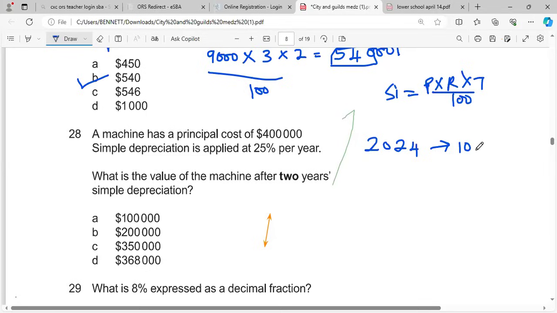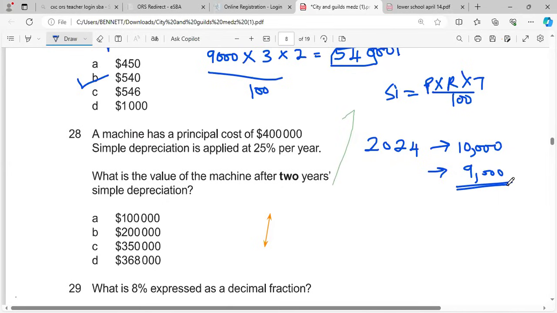Next year, the value is no longer 10 million. Even if you don't drive it, it'll cost probably 9 million, because the price depreciates, the price gets less each year.